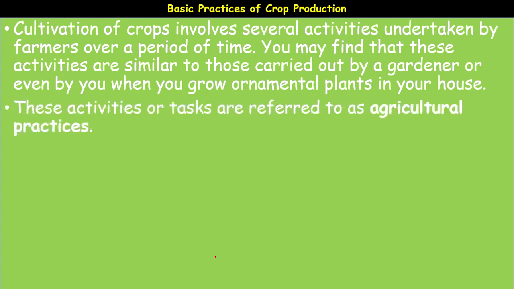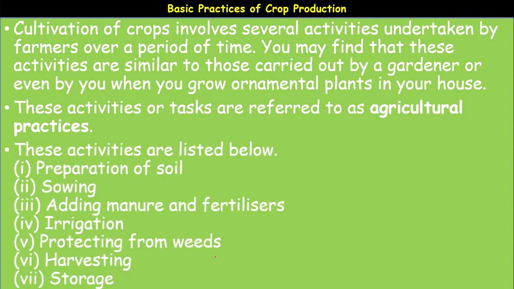These activities or tasks are referred to as agricultural practices. The activities are listed below. What are they? Preparation of the soil, sowing, adding manure and fertilizers, irrigation, protecting from weeds, harvesting, storage, etc.